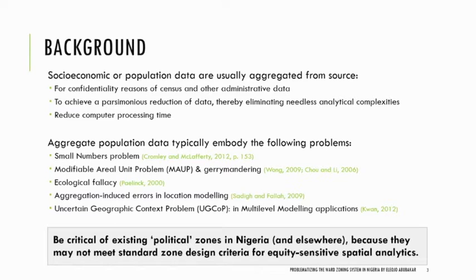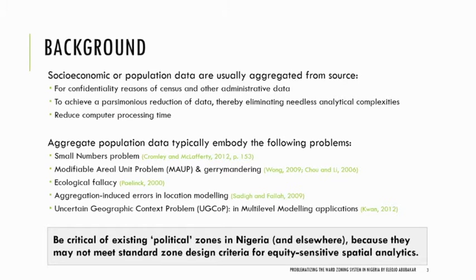Essentially what that means is, as you change the scale of analysis, the results you get from your analysis would change. Associated with that is the zoning problem. The way the zones are organized, that's the units of aggregation, the boundaries of those units. If you change the organization, you also get different results. So the results from analysis may not be very reliable in some instances because they are subject to those changes.